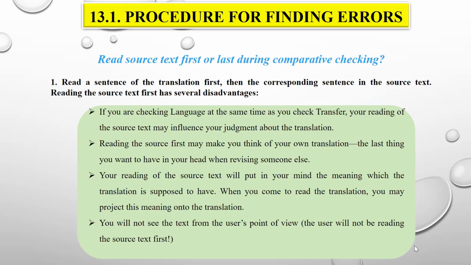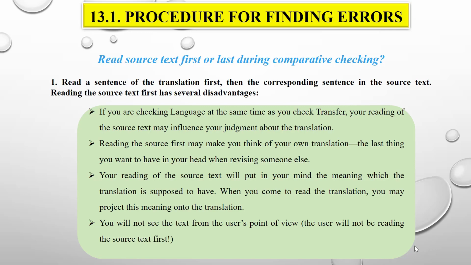The fourth question is whether to read the source text first or last during a comparative track. Here, happily, almost all considerations point in one direction. Read a sentence of the translation first, then the corresponding sentence in the source text. Reading the source text first has several disadvantages.